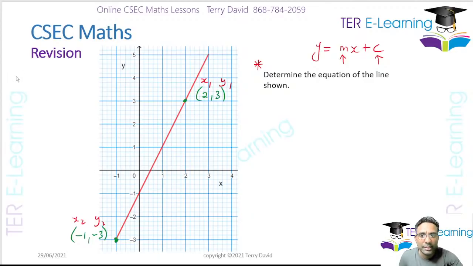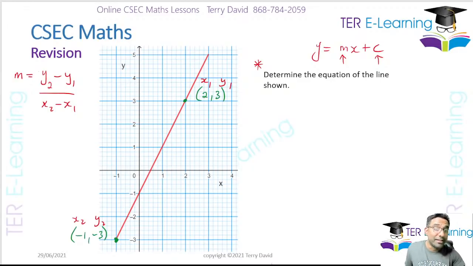So step 1, I need to find the gradient of the line. The gradient of the line is given by this formula, which is not given to you in the exam, but you need to know it: y2 minus y1 over x2 minus x1. You all need to learn this formula. Please do so. Because I've already labeled my coordinates, it's just a matter of substituting into the formula.